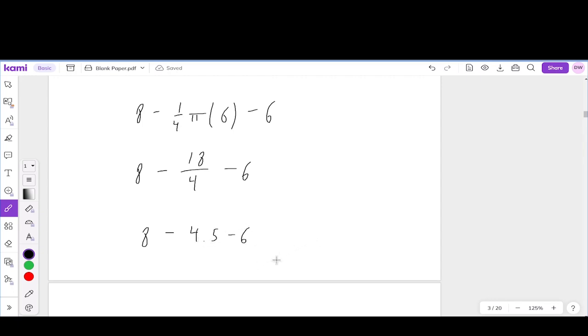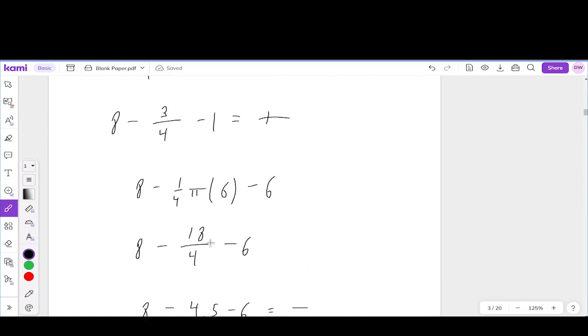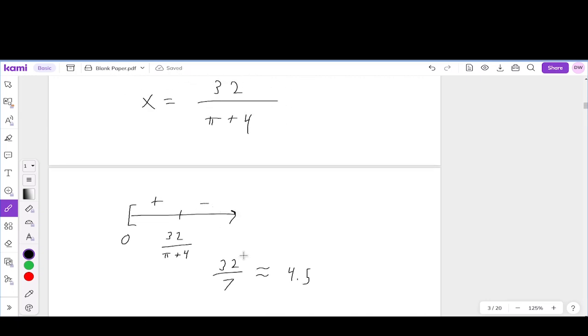So again, even though I don't know the exact number, I know this is definitely going to be negative, like I thought it would. And by the way, this is a very good sign, because as you can see, positive followed by a negative, that is going to be my relative maximum. In other words, I just confirmed that 32 over pi plus 4 is my maximum for x.